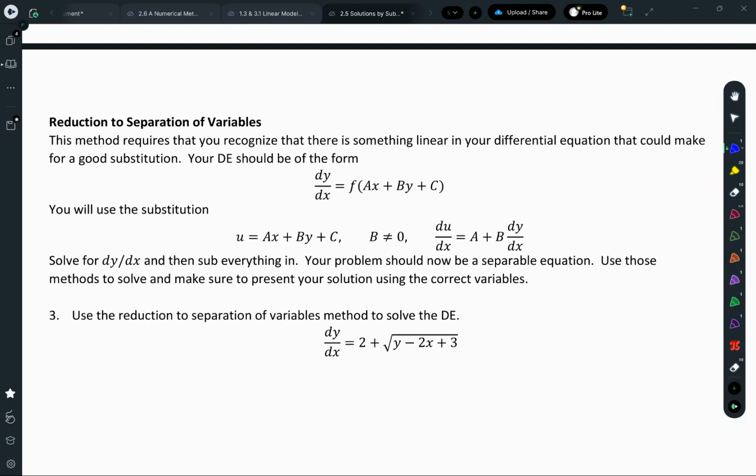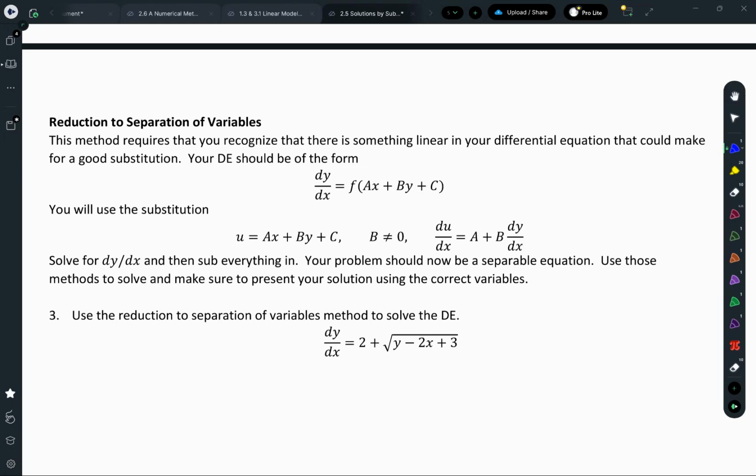This method is going to require us to recognize that there's something linear in our differential equation. And what I mean by linear is the old-fashioned linear, like college algebra linear, like y equals mx plus b sort of linear. In other words, we will see combinations of x and y without any powers.